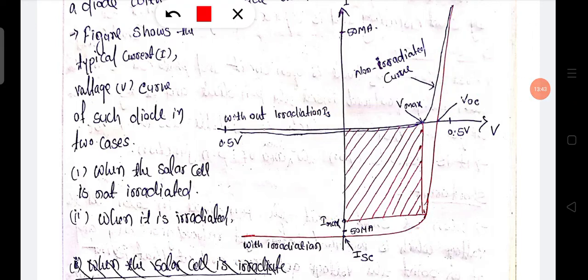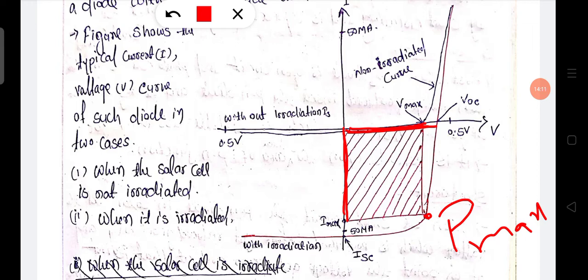Remember that this is P max, the maximum power in a solar cell, which always happens when the cell is reverse biased. That means the current is negative and the voltage is negative, so V max and I max are on the negative side.